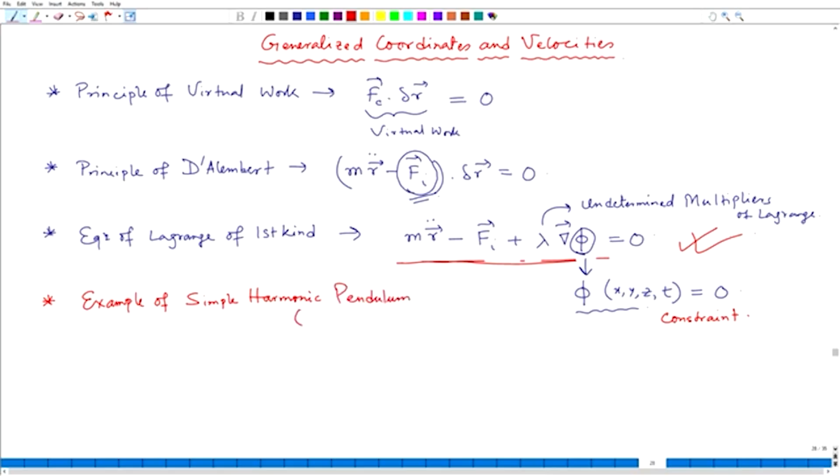So, simple harmonic pendulum simply means that theta is tending to 0. The example of simple pendulum and also a particle moving in a circle.